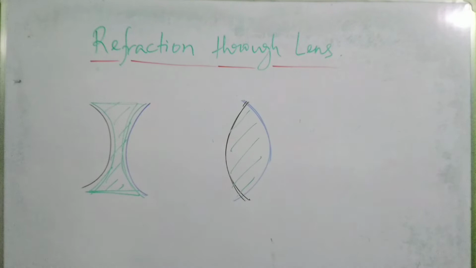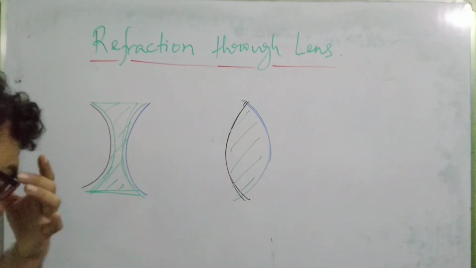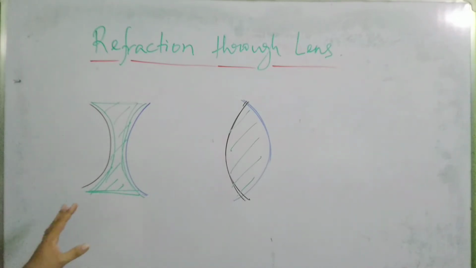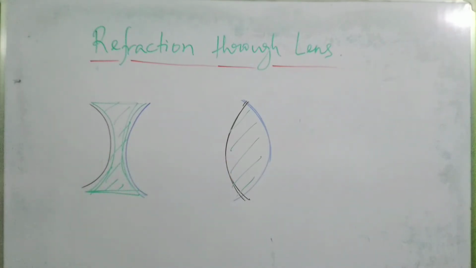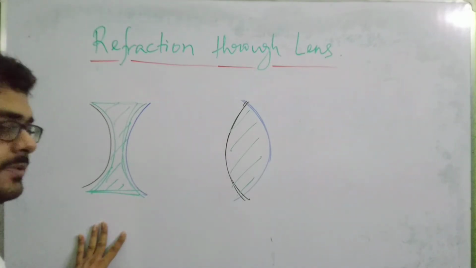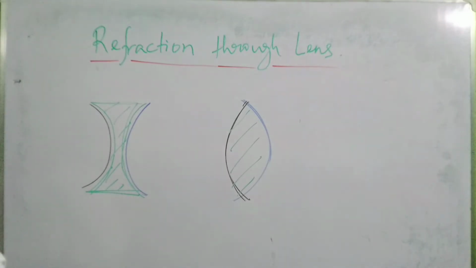Now we will quickly review the definition of a lens. So what actually is a lens? I think all of you can guess a little bit. A lens is nothing but a transparent medium bounded by either two spherical surfaces, generally, or it can also be bounded by one spherical surface and one plane surface.